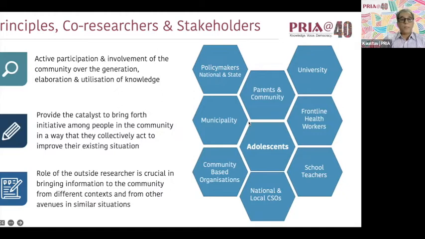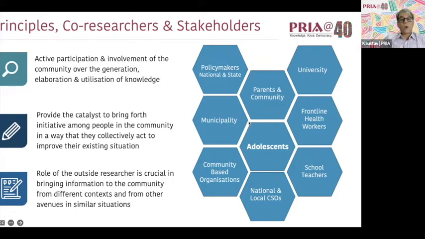Some of the principles that we followed in this participatory research included, number one, we wanted to make sure of active participation and involvement of the community over the generation, elaboration, and utilization of knowledge. Then to provide the catalyst to bring forth initiatives among people in the community in a way that they collectively act to improve their existing situation.